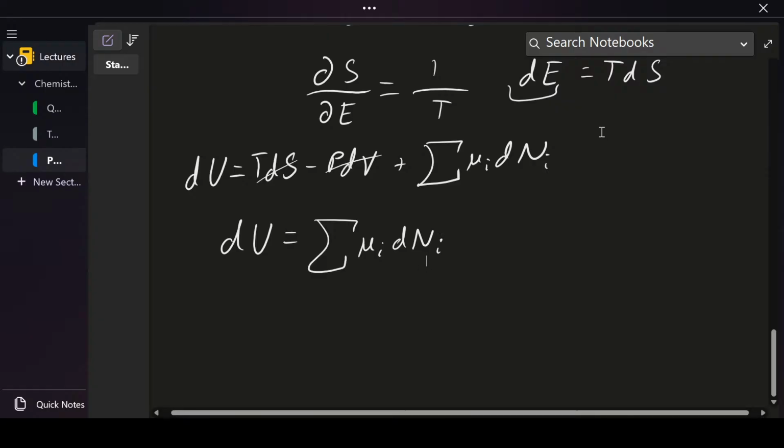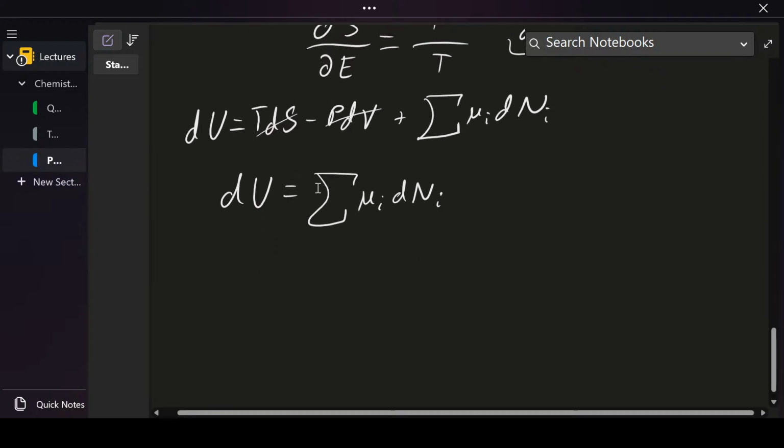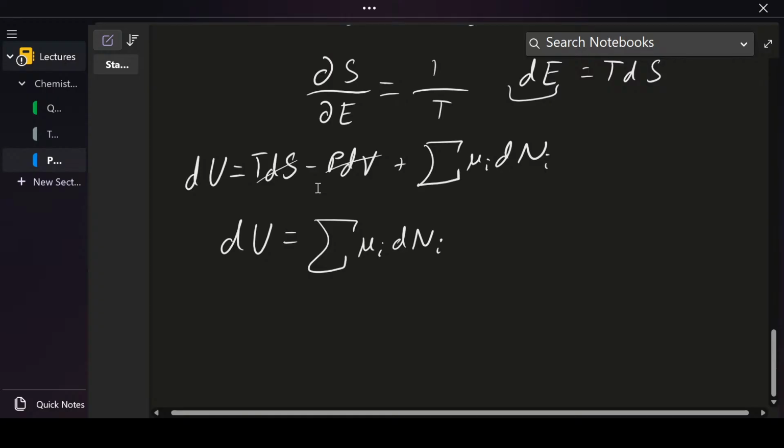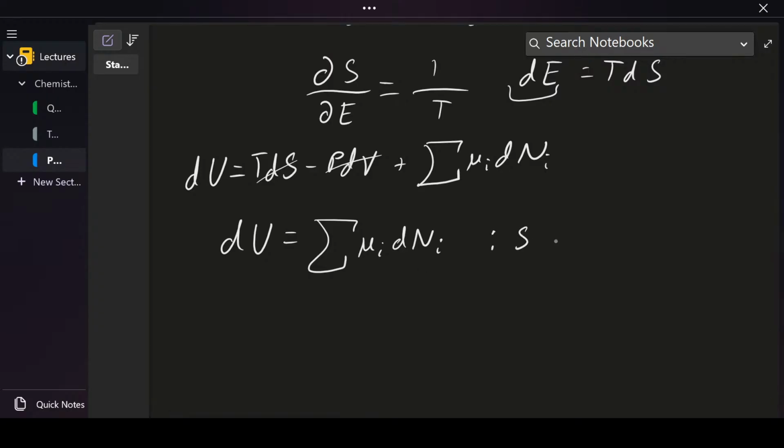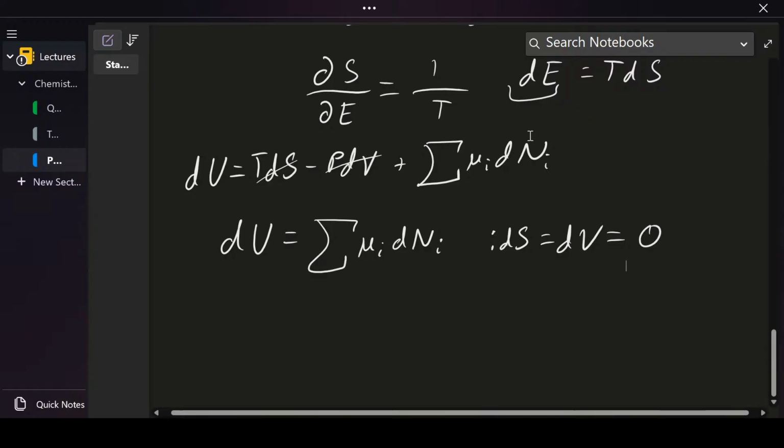However, that's not always the case, and as we'll find, keeping entropy constant is quite difficult. And so this is at entropy and volume being constant. And so this is quite difficult.